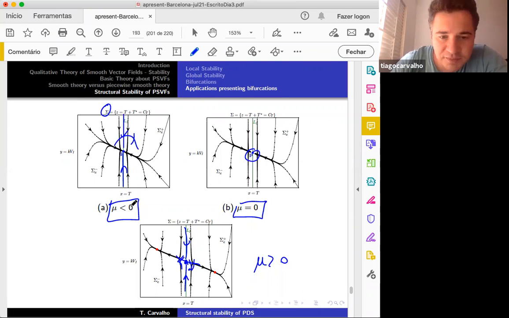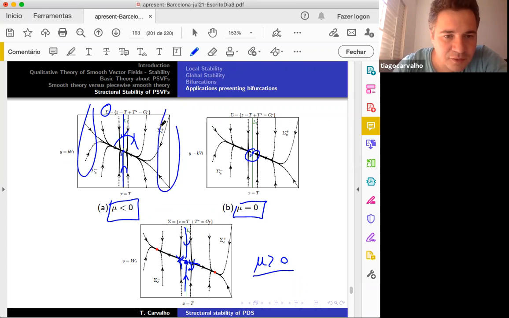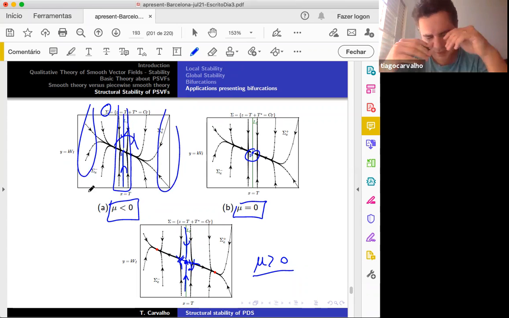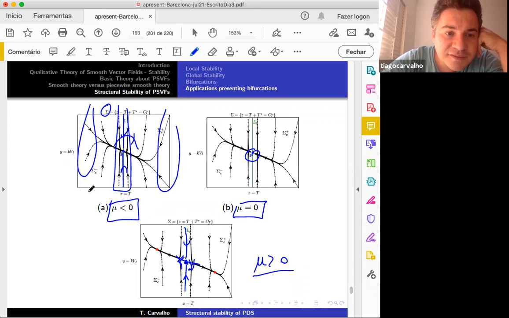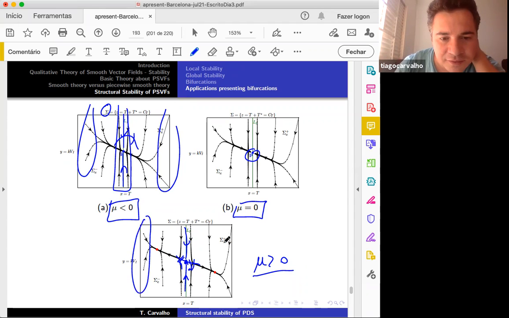And when me is positive, since far from this line the crossing dynamics is converging to the tangent line, the same happens here.